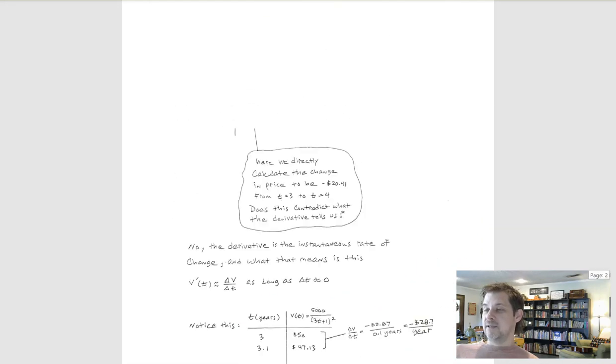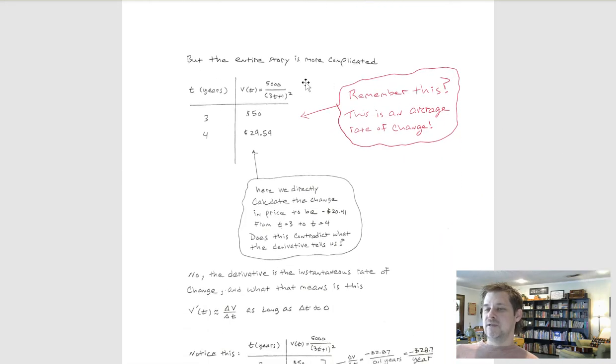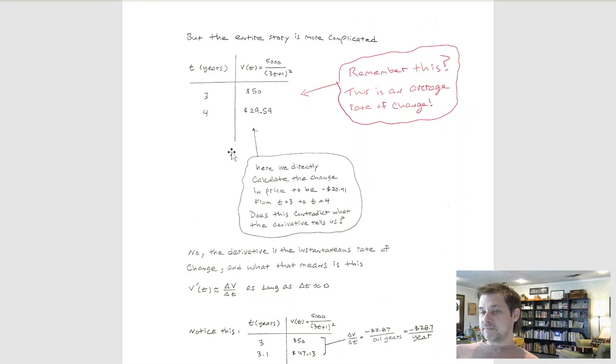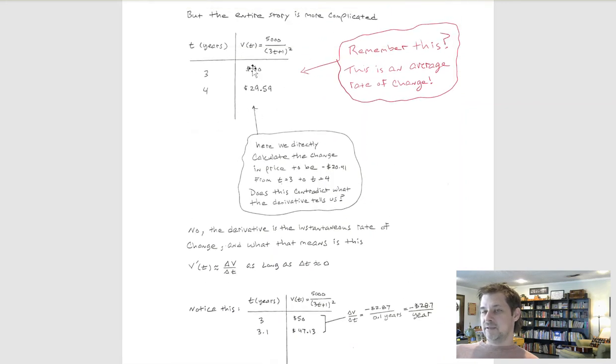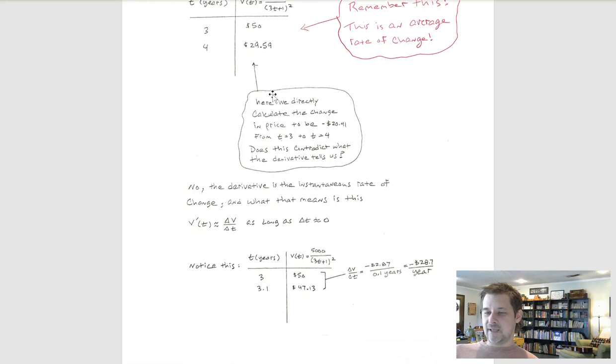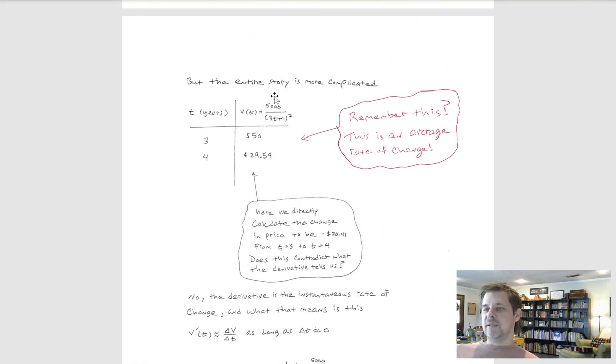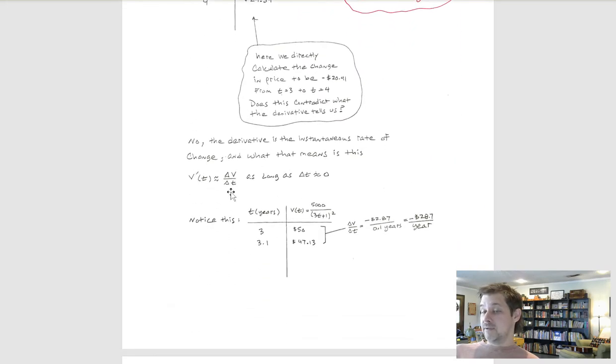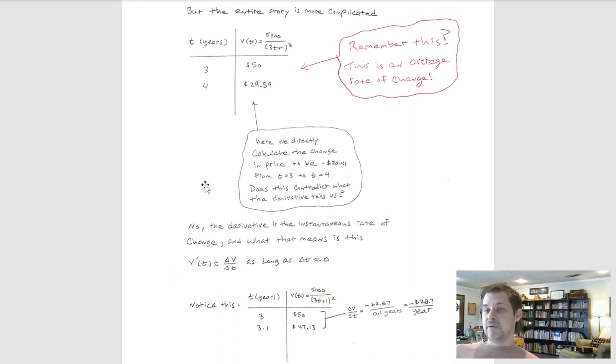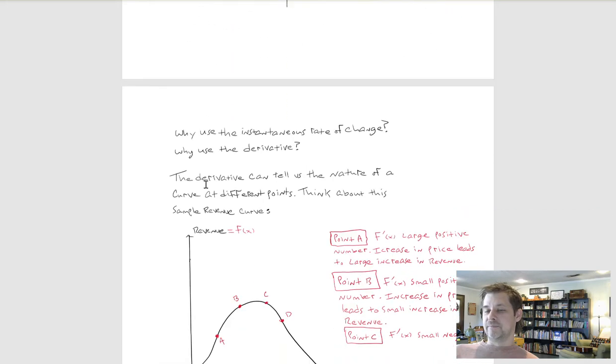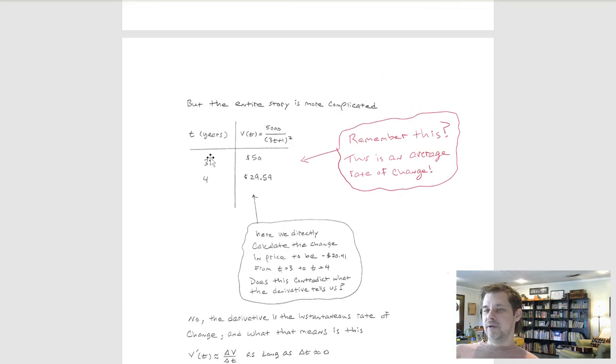That's something the average rate of change wouldn't do very well. It tells us that if you increase t from 3 to 4, v will decrease from 50 to 29. There might be a loose comparison between average rates of change and the derivative, but it's not a one-to-one comparison.